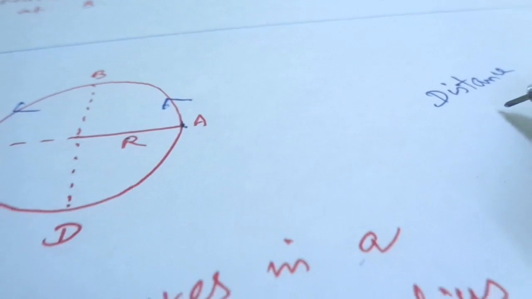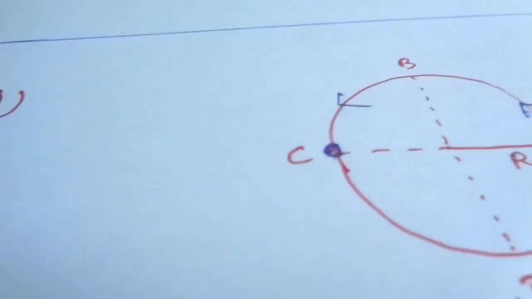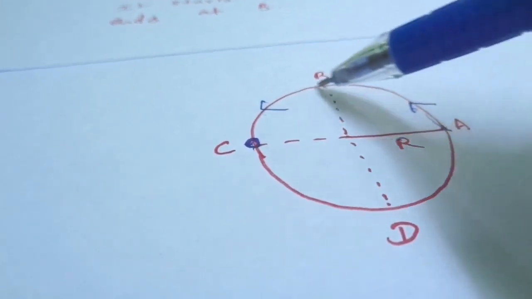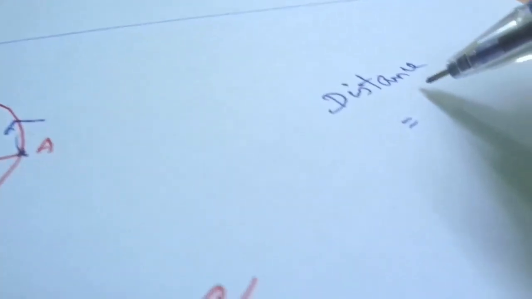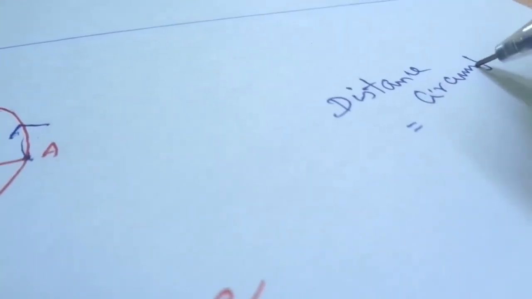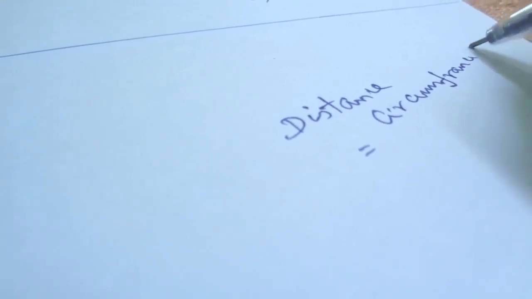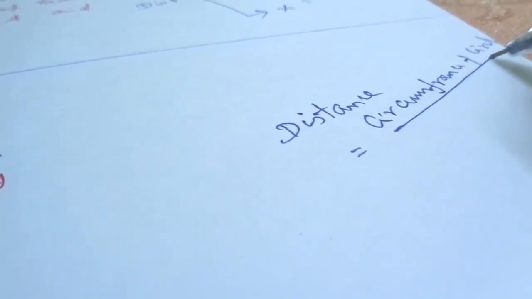Now you find the distance. Distance means the total path covered. Half of this circle is the circumference of the circle divided by 2.